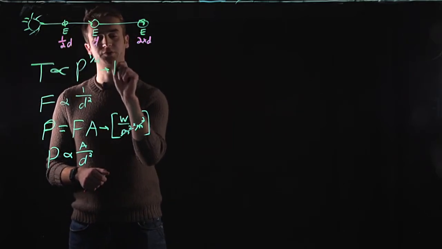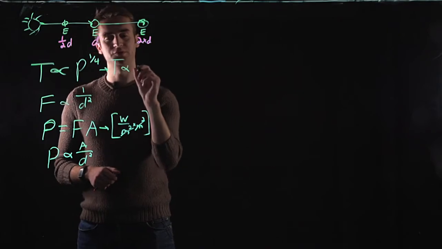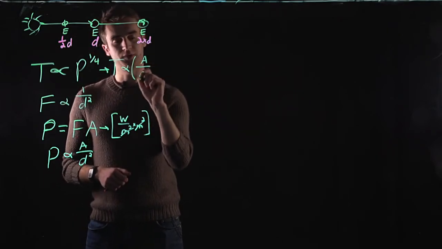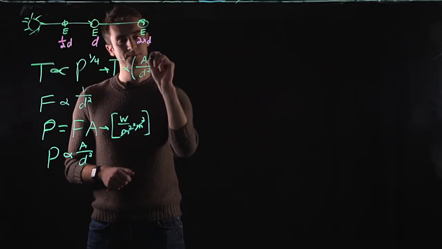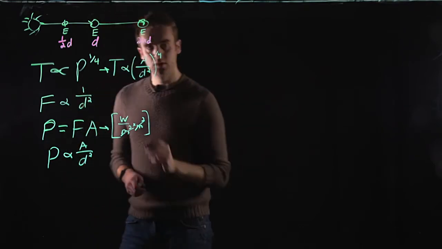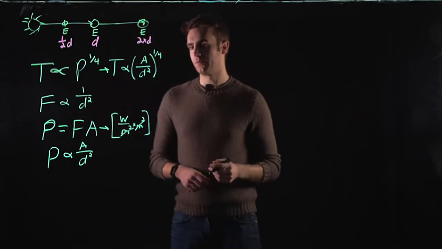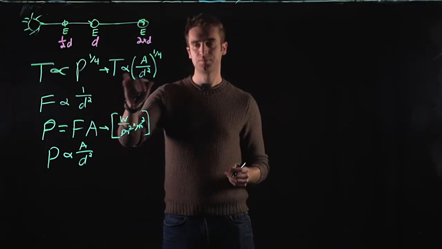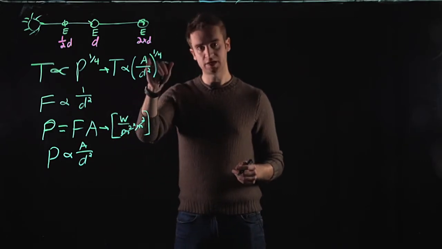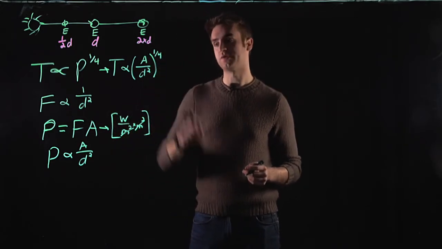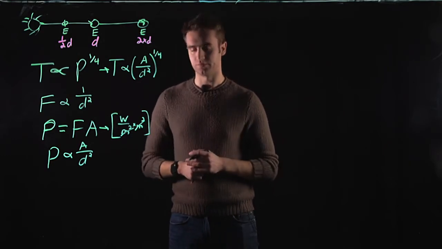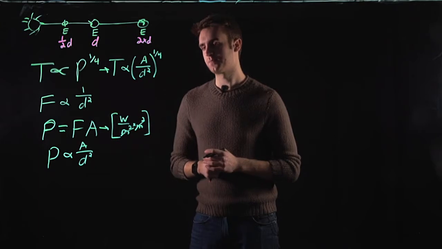And we can say that temperature is proportional to the surface area divided by the radial distance squared, to the 1/4 power. So now we have a relationship between temperature, radial distance, and surface area. As we'll see, this A actually drops out of the equation, but we will keep it for the sake of this example until the very end.